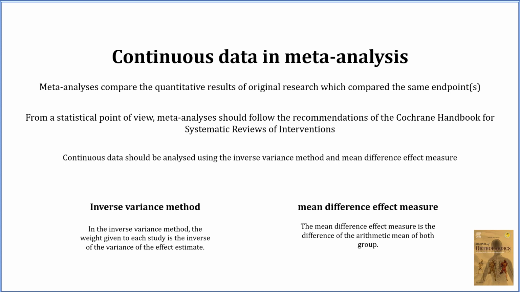This is different from systematic reviews, which compare, for example, treatment A at different follow-ups to check for their increase, or treatment A versus treatment B versus treatment C for the same pathology.